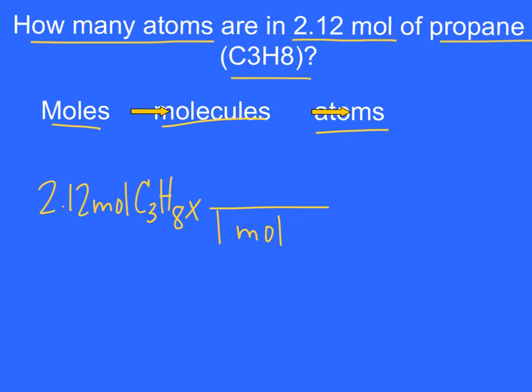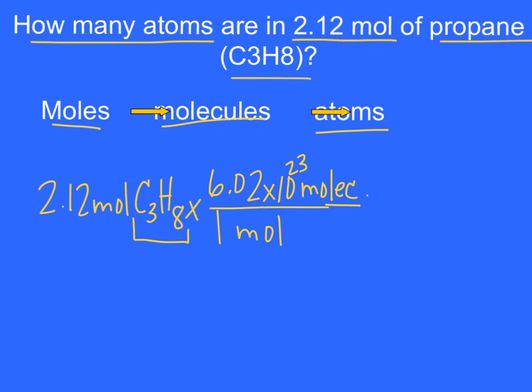This time, Avogadro's number is going to go on top. 6.02 times 10 to the 23rd, and the particle we're starting out with is a molecule, because C3H8 is a molecular compound, therefore we call those particles molecules, all right?